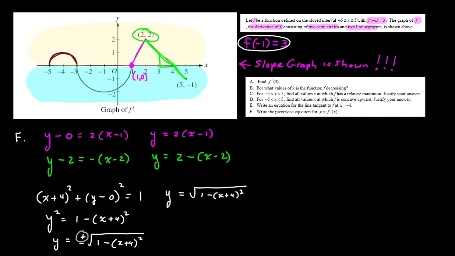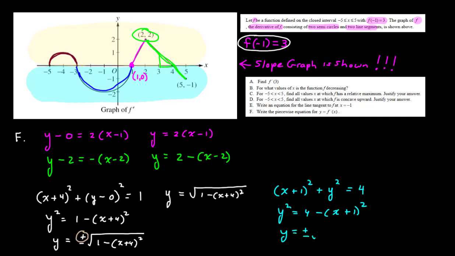We're going to do the last one now. We're going to find the equation of this semicircle here. The center of that semicircle is -1, 0. So I have x plus 1 squared plus y squared equals radius, which is 2. 2 squared is 4. Y squared equals 4 minus x plus 1 quantity squared.